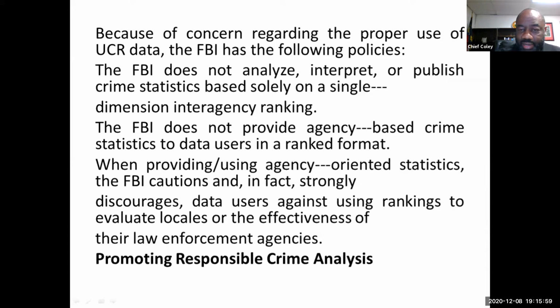And the biggest thing that we're trying to take away from this is that, like I said in years past, crime is multifaceted. It involves law enforcement and it also involves community stakeholders and the residents of the community. So any gains that we have that are positive are not solely completed by the police department.